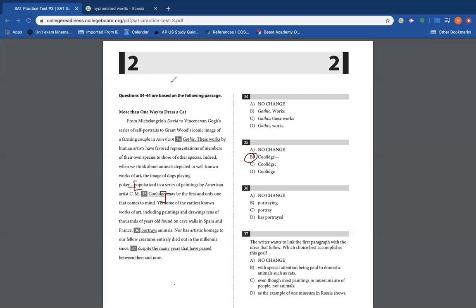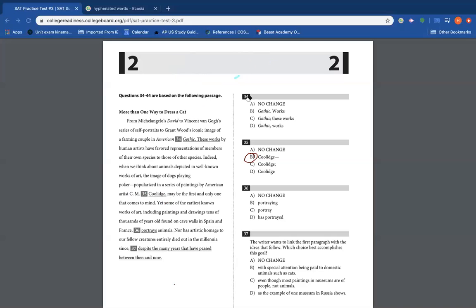You need two dashes when separating these words. Usually, if the phrase itself is at the end of the sentence, it'd be a dash and a period. That's only if this phrase was the end of the sentence. If there's a period right here, then I only use one dash.